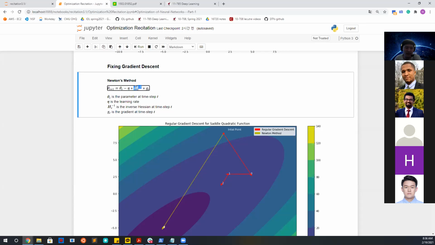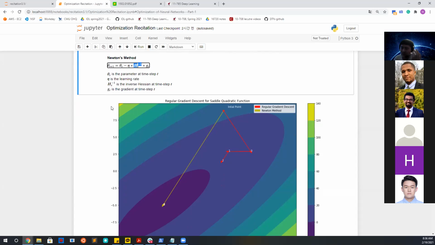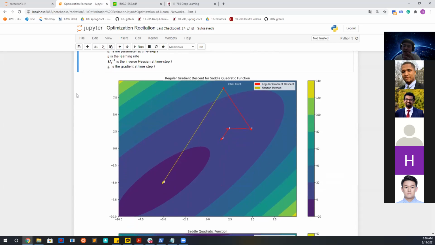So it scales the gradient with the Hessian and enables using a larger learning rate. It works well in convex settings, and it lets you circumvent obstacles and go straight to the minimum point.